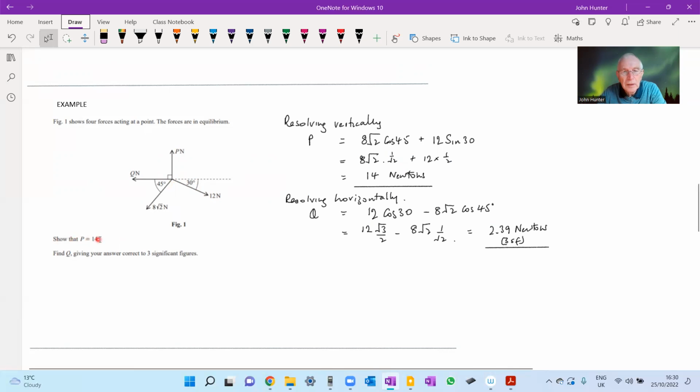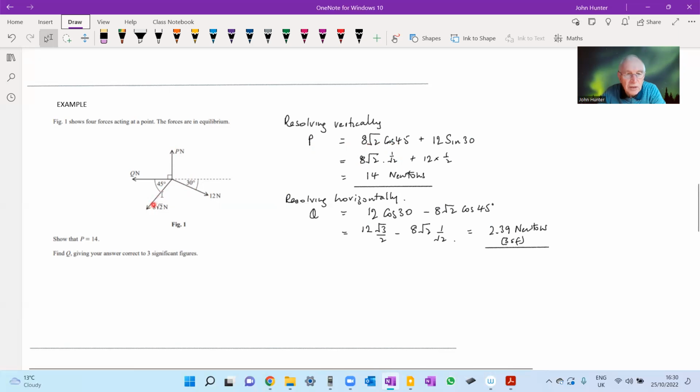So it says show that P equals 14. Here, first of all, we're going to resolve vertically. So this P is opposing the effect of this and this. If we resolve this and this force vertically, then what we get is P equals 8√2 cos 45.